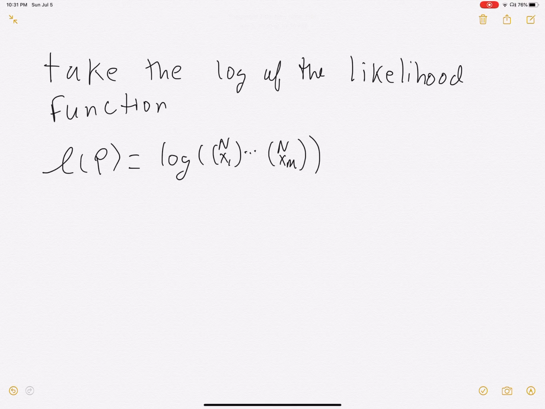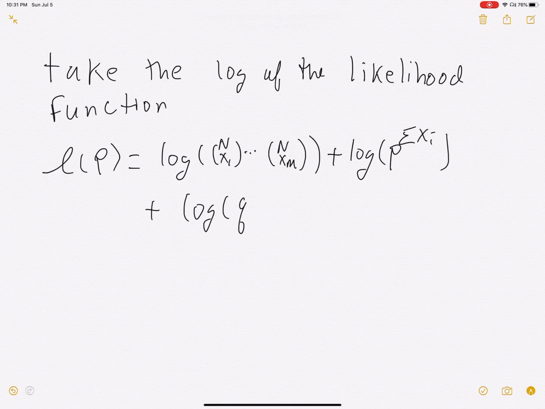Then the multiplication becomes addition, so plus the log of p to the summation of x sub i, plus the log of q to the n times m minus summation of x sub i.